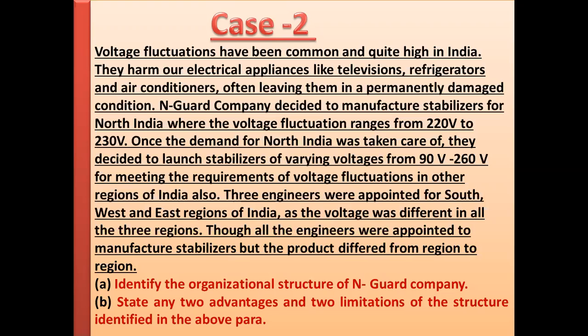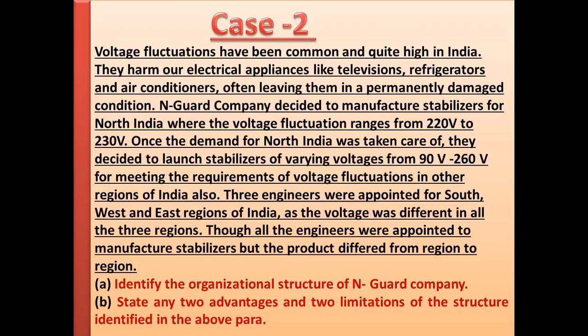NGARD company decided to manufacture stabilizers for North India, where the voltage fluctuation ranges from 220 volt to 230 volt. Once the demand for North India was taken care of, they decided to launch stabilizers of varying voltage from 190 volt to 260 volt for meeting the requirement of voltage fluctuation in other regions of India also.